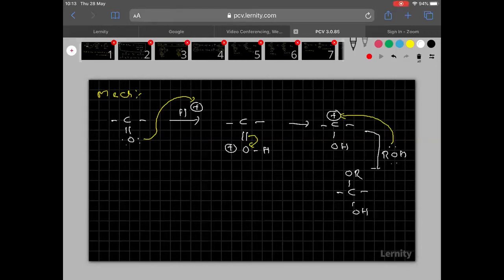You see only one OR is there. So what is the name of this one? This is called the hemiacetal. When two ORs are there, it is called acetal. When only one OR is there, it is called hemiacetal. Is it clear? This is said to be hemiacetal.